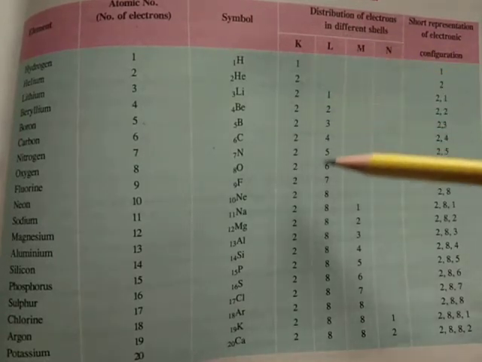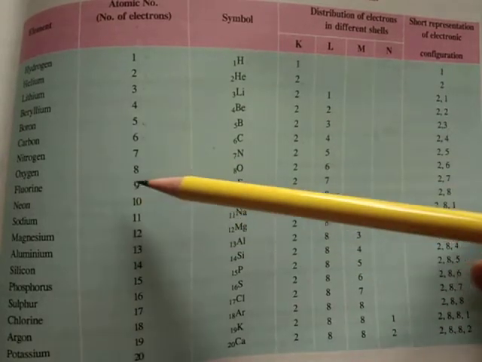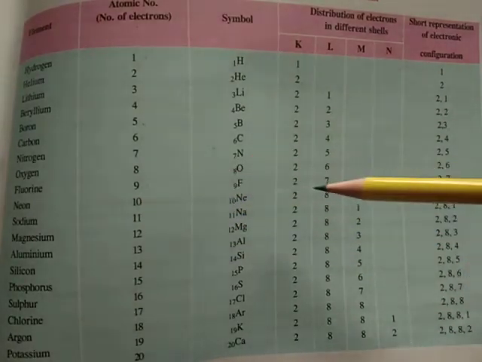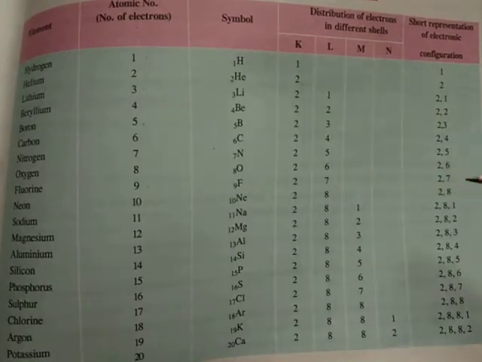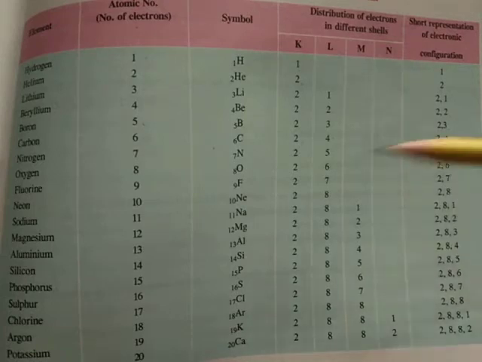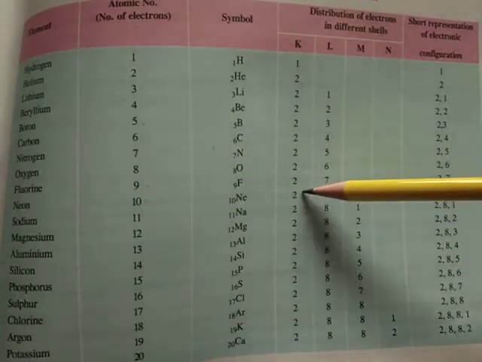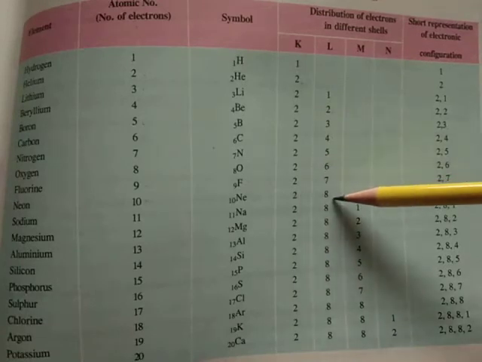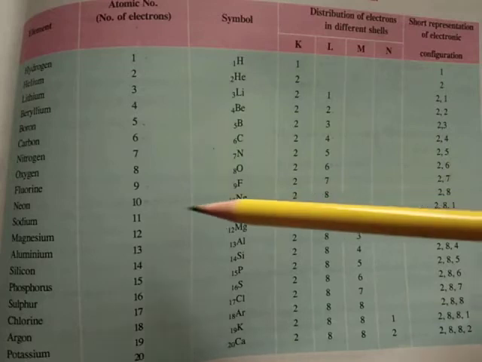In the L shell maximum 8 electrons you can fill. Next, fluorine 9, 2 in K shell, 7 electrons in L shell, 2, 7. Next is neon, here 2 in K shell and 8 electrons in L shell, here 2, 8 is present.